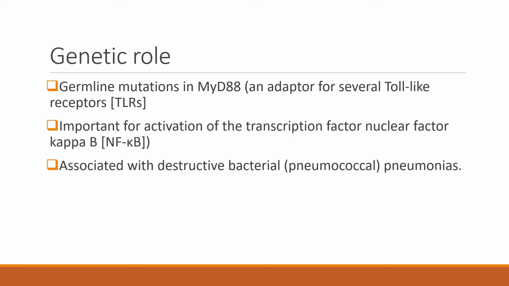Normally MYD88 is an adapter for several toll-like receptors, and that is important for the activation of the transcription factor nuclear factor kappa B, and that will protect against infections. But when there are mutations in MYD88, it is associated with destructive bacterial pneumonias, mainly pneumococcal pneumonias.